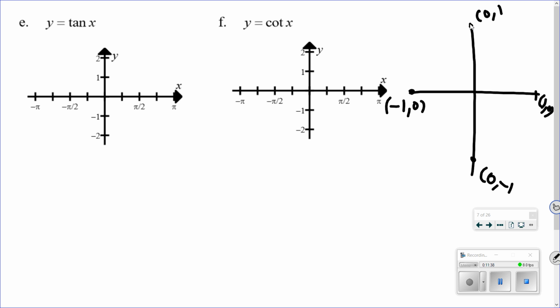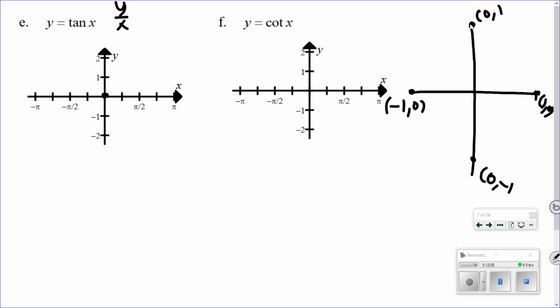Okay, so if I start with the tangent, at 0, it's y over x, right? Tangent is equal to y over x. So I take the 0 over 1, which is 0. Okay, if I go to pi over 2, which is up here, I go y over x, I get 1 over 0. Hey, that's undefined.